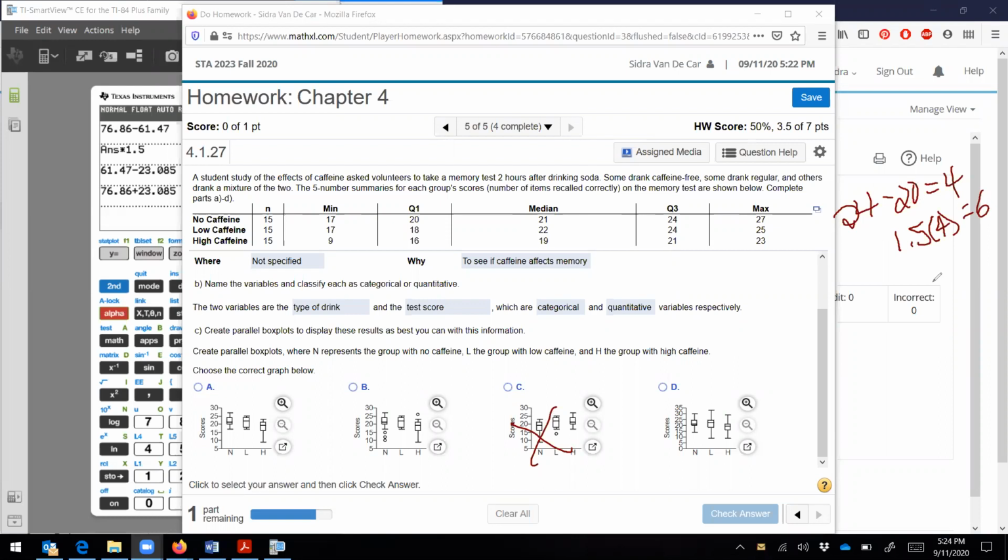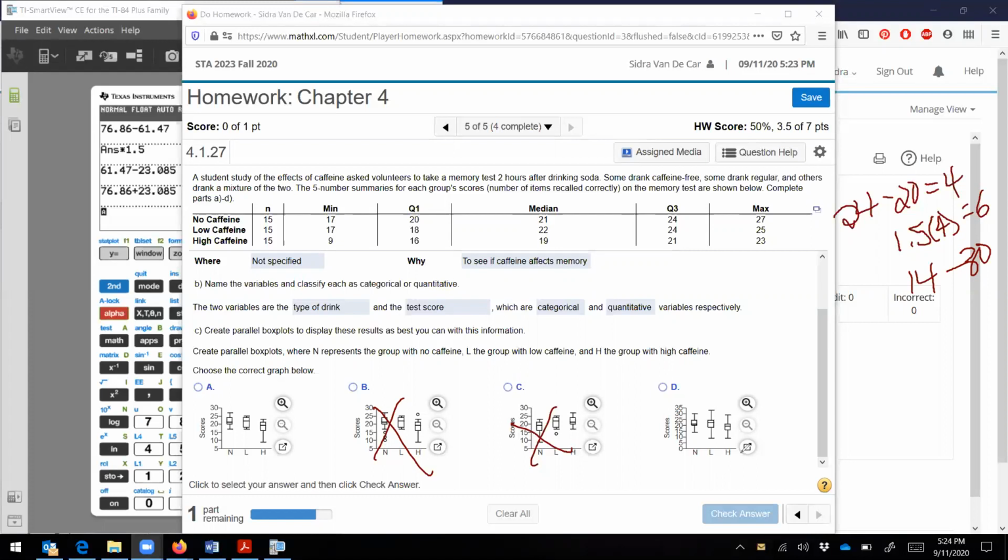So 6 down from 20 would go to 14, and 6 up from 20 would go to 30. My max is inside there, and my min is inside there. So the no caffeine shouldn't have outliers. That rules out all of our outliers, so I don't need to check outliers on the other ones.